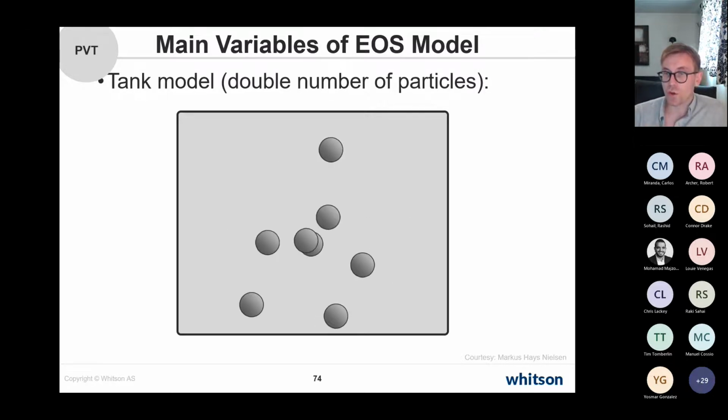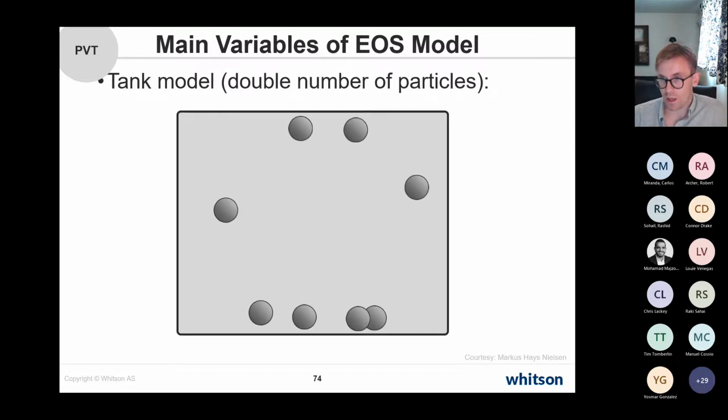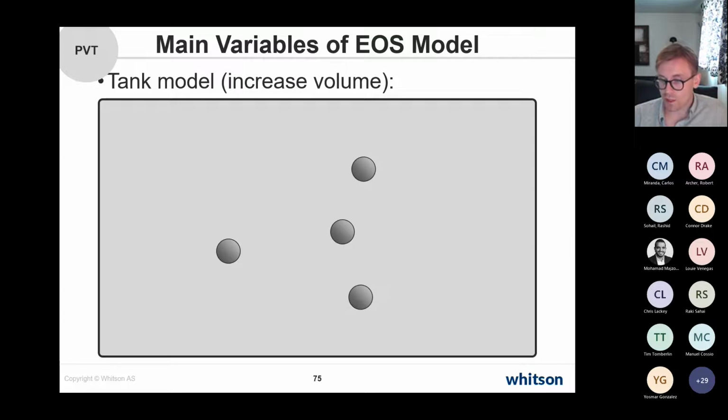We also hit the wall many times, so the pressure is increasing inside of the tank. So the molar amount is increasing. However, if we keep the same number of moles in the tank, but we increase the volume, we hit the wall fewer times, and the pressure inside of the tank is decreasing.